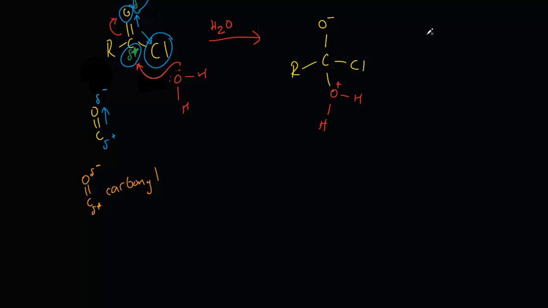And this compound here is pretty unstable, so what will then happen is this negative charge is going to come down and kick off this leaving group. Actually, weak nucleophile, which makes a good leaving group, is chlorine.